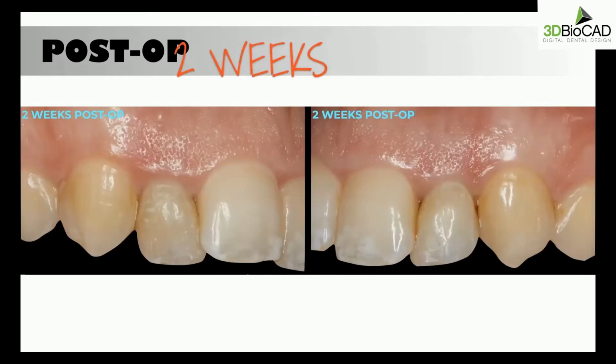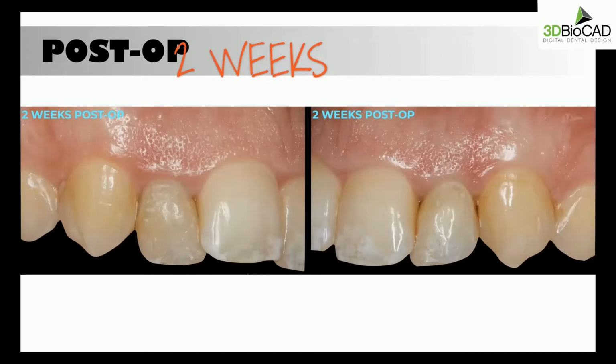So now if you look at the 2 weeks post-op, you can see that the healing looks really, really nice, considering that we took the teeth out, we placed the immediate implant, we did the bone grafting, and considering all that, the healing looks really good for 2 weeks post-op.